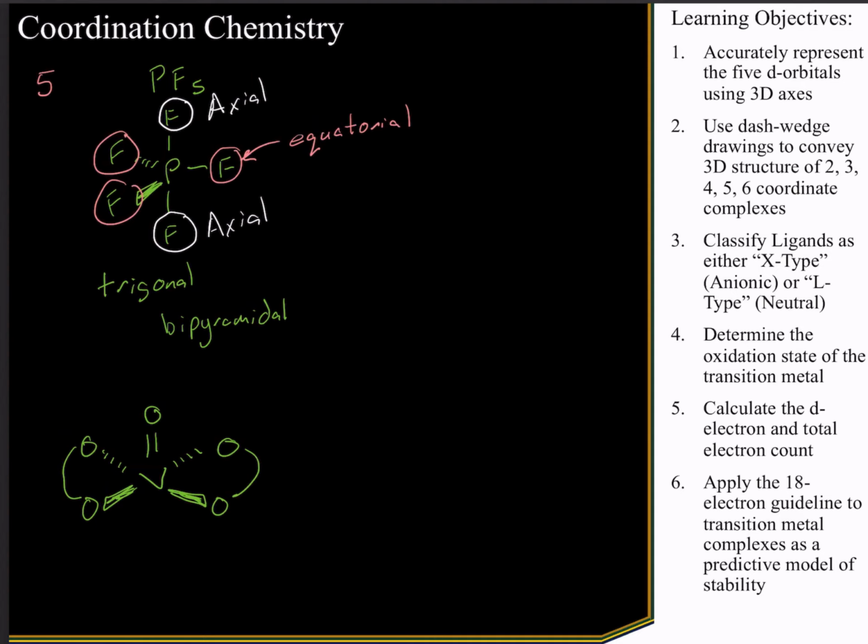But this vanadium center here, this would be a square pyramidal geometry. Again, we want to be comfortable not just with the geometry itself, but also being able to draw those dashes and wedges to denote that 3-dimensional shape. So these are the 5 coordinate types of compounds that we can see.